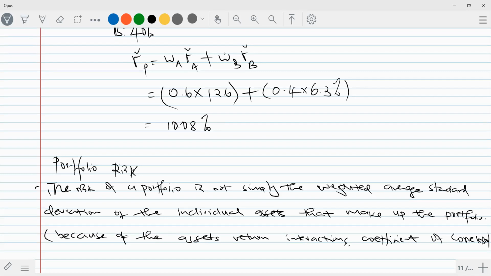But if we do have some correlation, either positive or negative, then we cannot just do a simple weighted average of the risk of the individual assets that make up the portfolio. But in case there's no interaction at all, zero correlation between the returns of the individual assets, then the risk of the portfolio is simply the weighted average of the risk of the assets that make up that portfolio.